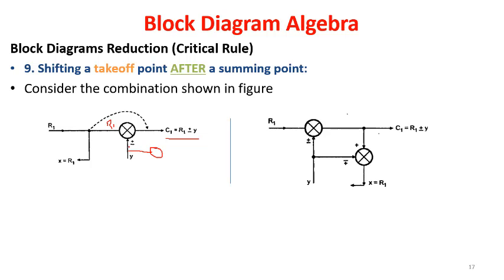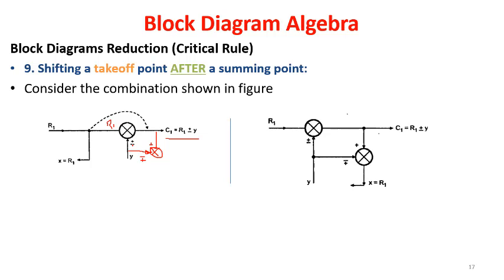This is where we have to do the correction, and here we are going to shift the takeoff point. This will be the summing point, that modification. The signal here which will be coming will be positive, but the input signal from Y, whatever we are going to give, will be the inverse of this one, that is minus to plus.